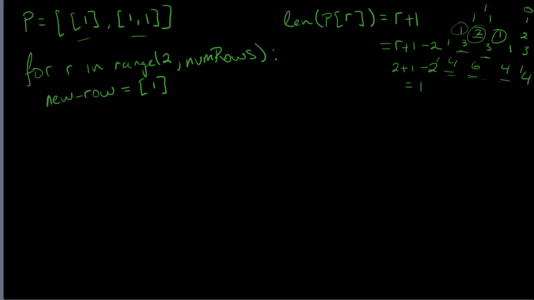Anyway, that means that we will be looping for some I in range, how many? However many we're calculating. R plus 1 minus 2. Which is a little ugly. We can kind of just put R minus 1.